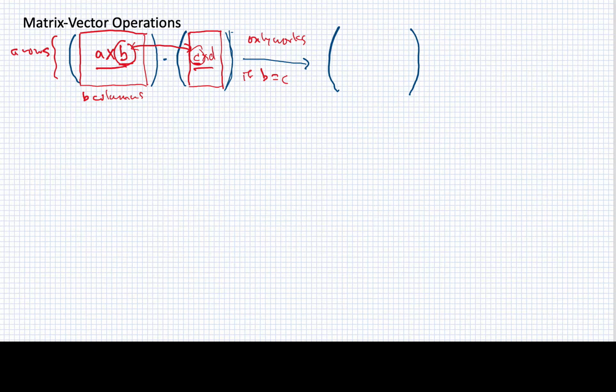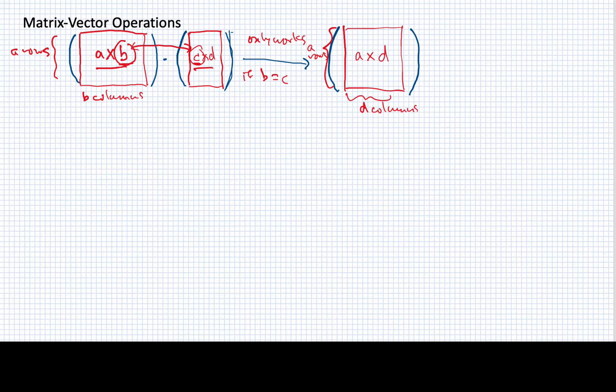All right, the resulting matrix that I'm going to get out of this is going to be an array of numbers that has the dimensionality of A times D. So in other words, A rows and D columns. And we'll see why this is in just a moment. It has to do with the mechanics of how we actually perform a matrix multiplication.